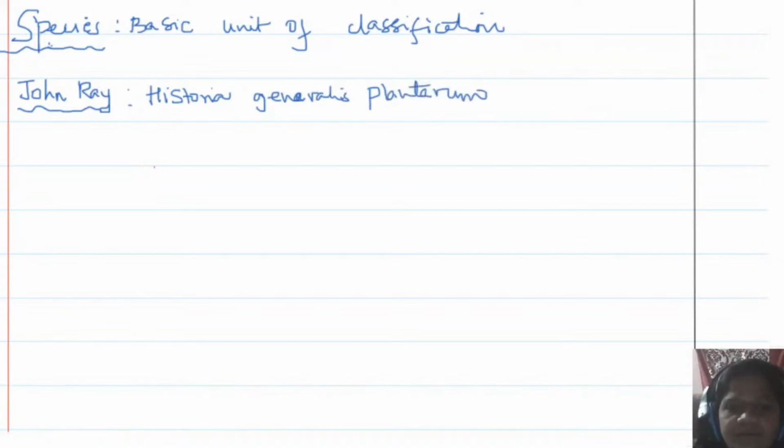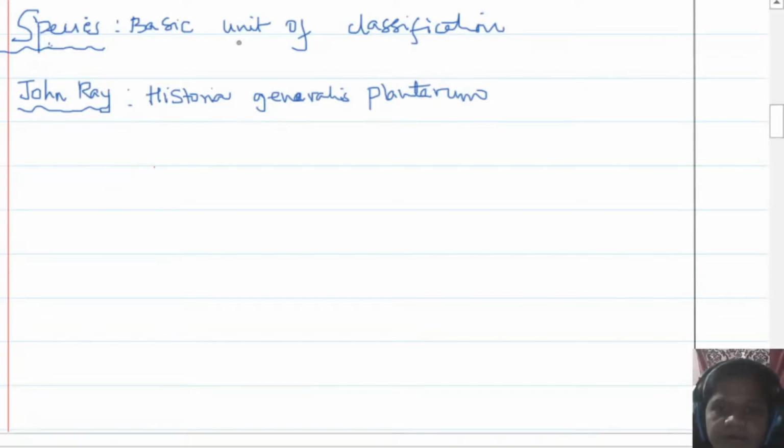This is the book he wrote. Okay. Now, what did he say? He said, species, we are talking about species. There are 4 different authors or 4 different scientists who gave their own views of species, and that is what we are going to learn in this topic. So first of all, we take John Ray.